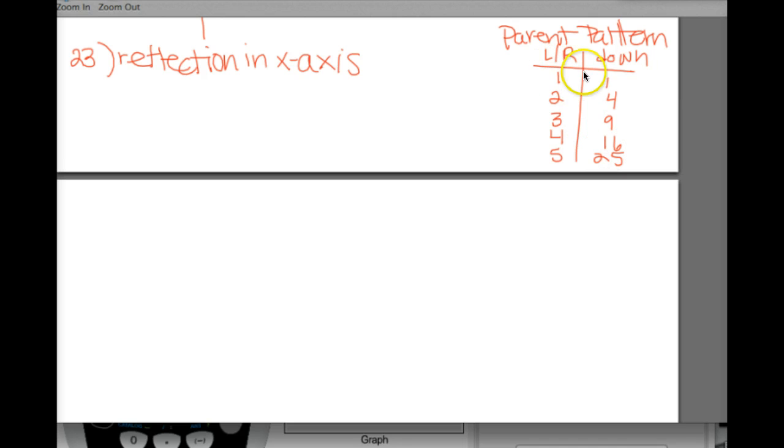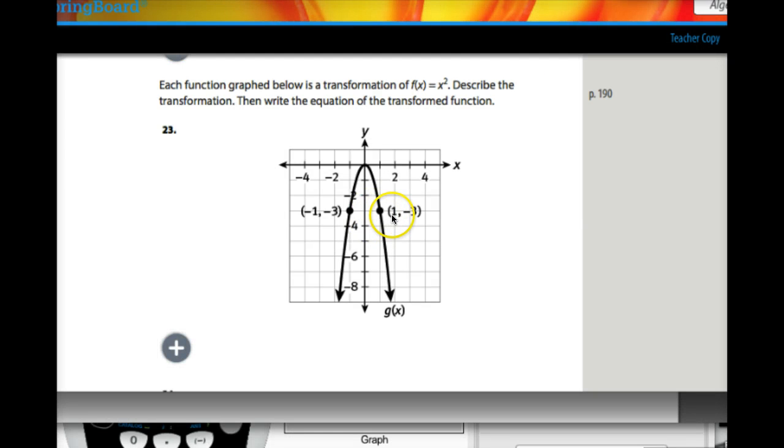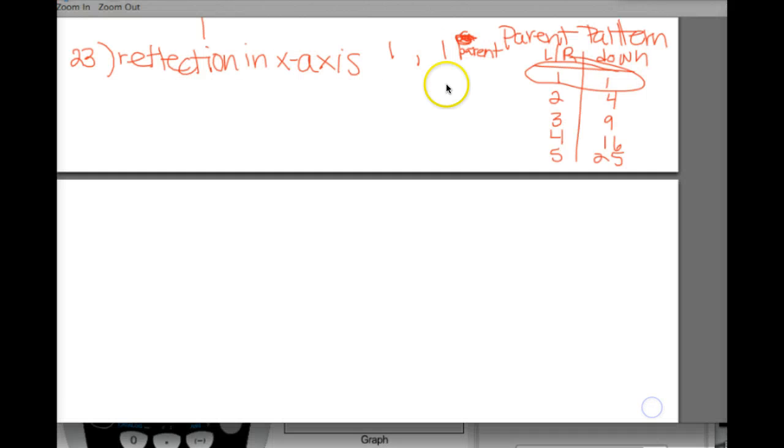So left and right 1, down 1 is what I'm matching. Typically I would be going left and right 1, down 1. That's the parent. What I actually see when I look here is left and right 1, down 3.